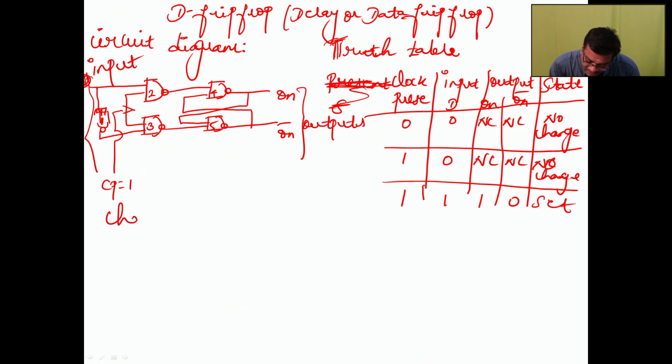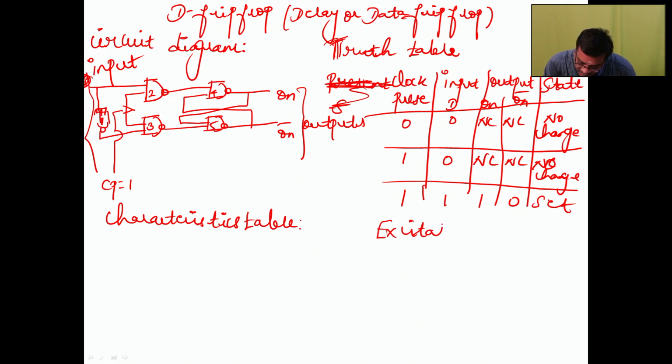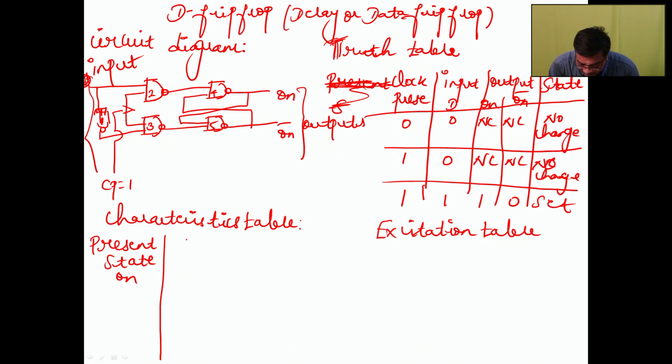So when you come to the characteristics table as well as the excitation table. Characteristics table, we will get present state Qn, input D, and next state Qn plus 1.